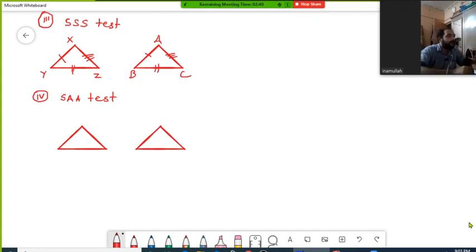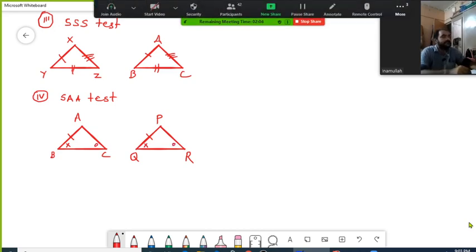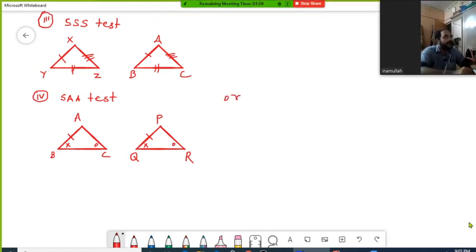Suppose we have two triangles, triangle ABC and triangle PQR. In those two triangles, if AB is equal with PQ and angle B is same as angle Q and angle C is same as angle R, you can say these two triangles are congruent by side angle test.